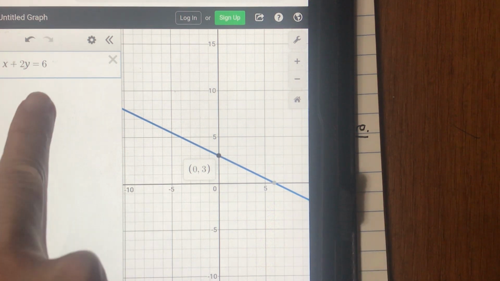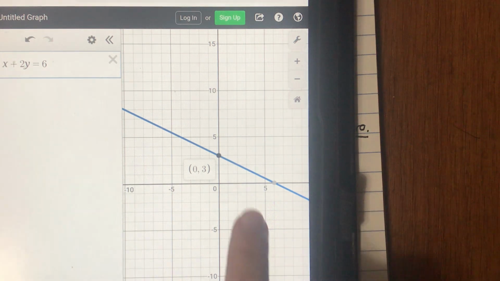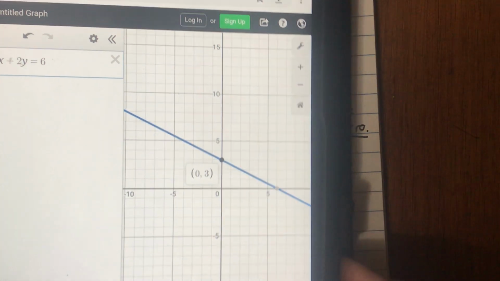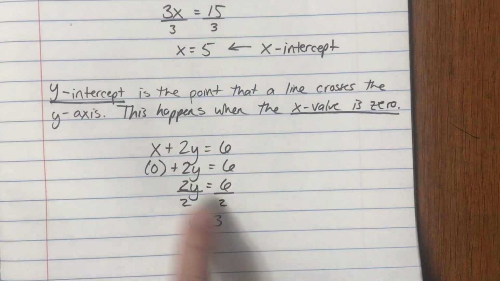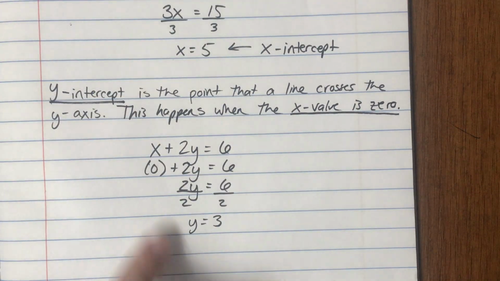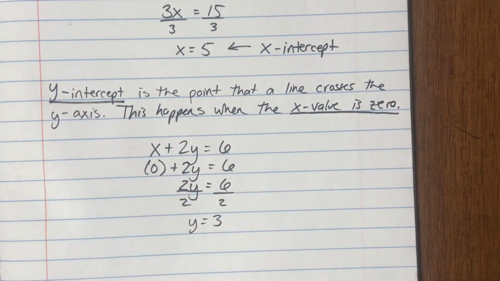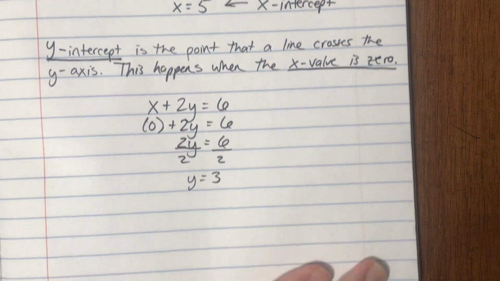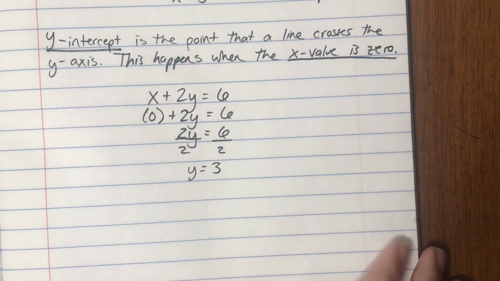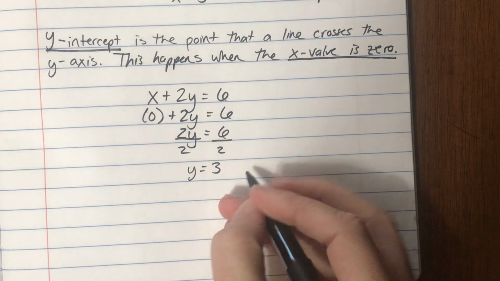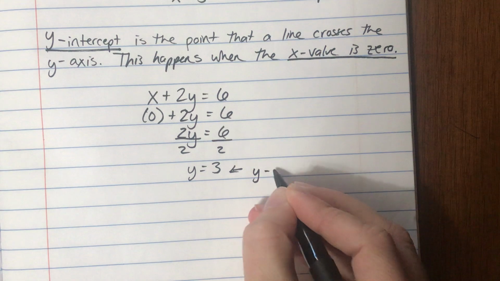So basically what you're going to be given is this equation, and you're just going to type it in Desmos and find the intercept. It does not have to be solved like this, although you could. You could plug the 0 in for the missing value and then solve the equation. But again, I like looking at it from the graph perspective. So 3 was the y-intercept here.